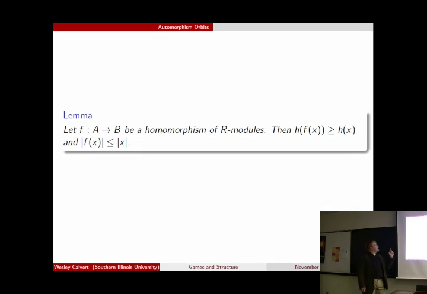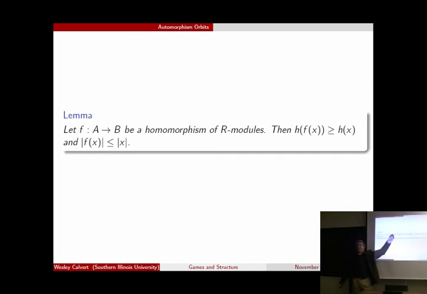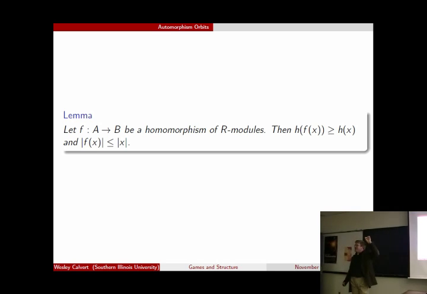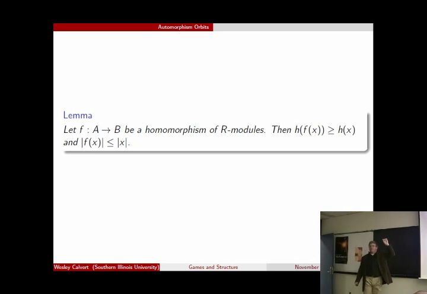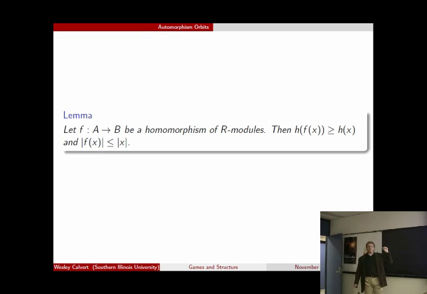So you have a homomorphism of modules over a discrete valuation ring or of abelian groups, then the height has to go up. An element has to be sent to something of height at least as great as its own height. And it has to be sent to something of order no greater than its own order.